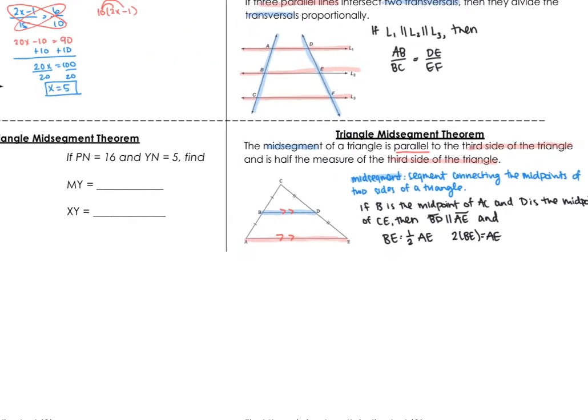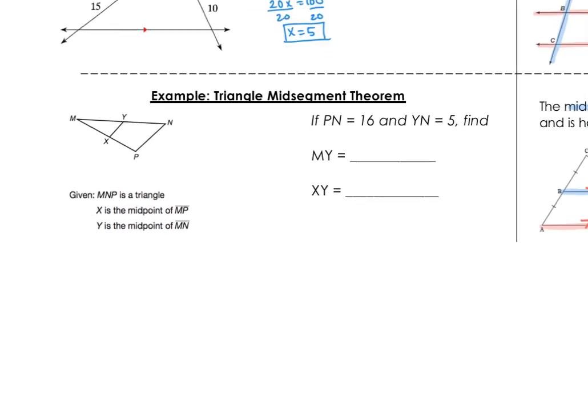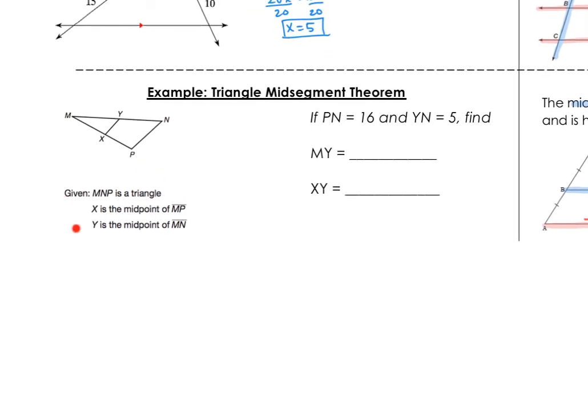Okay, so looking at this example, here's what we're given. We're given MNP as a triangle. It tells us that X is the midpoint of MP and Y is the midpoint of MN, which basically tells us that XY is the midsegment. So because of that, we know that XY is parallel to PN.